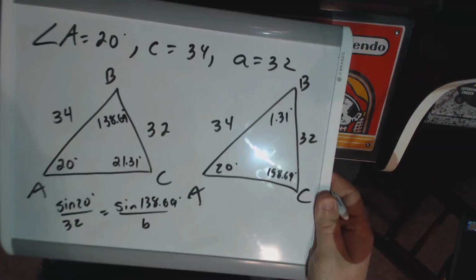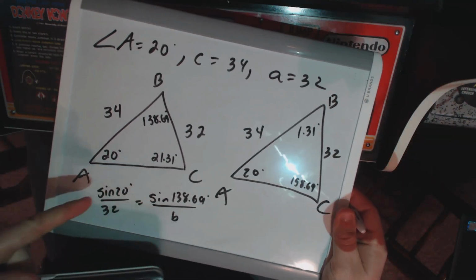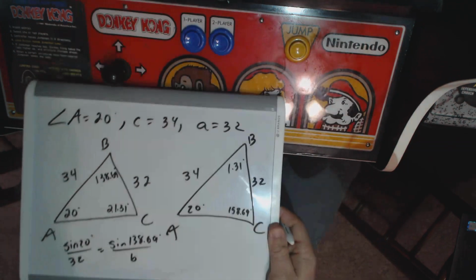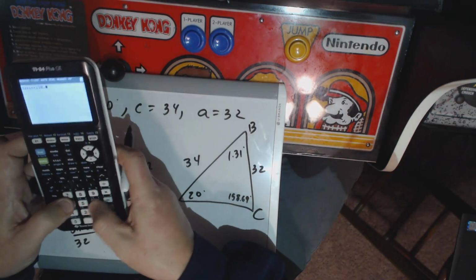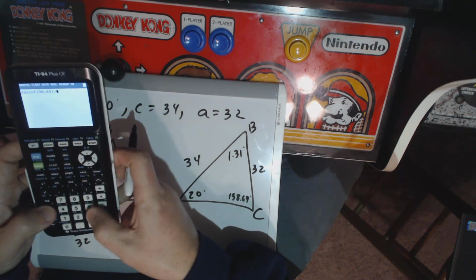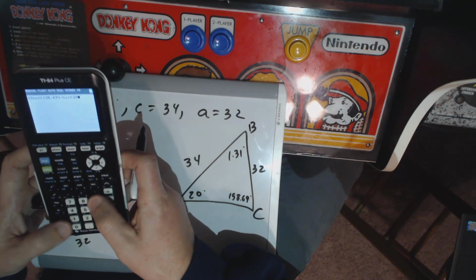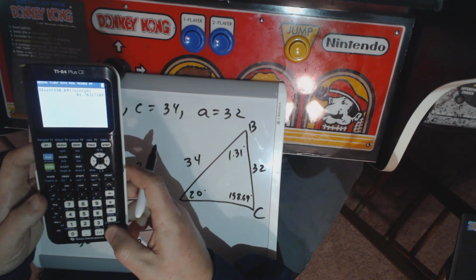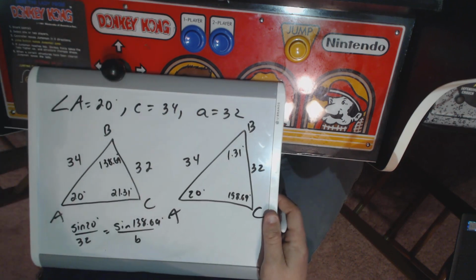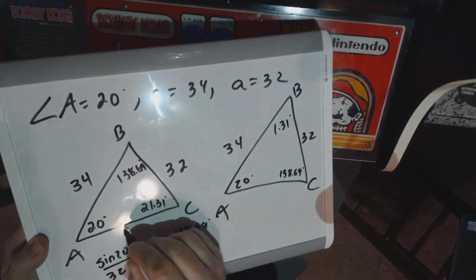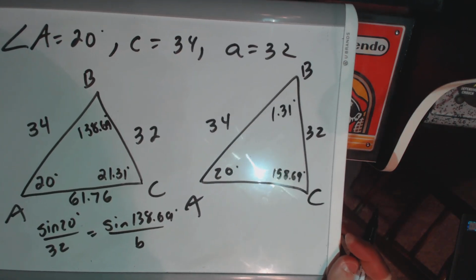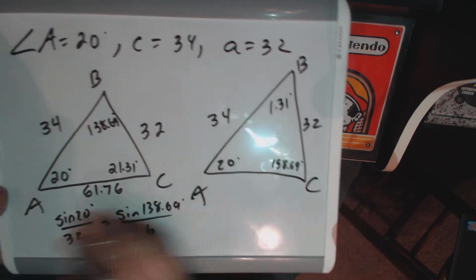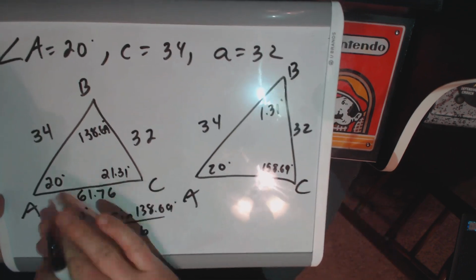Check it out, write that down. We say 32 times this divided by that, and we would have side B, right? So 32 sine 138.69 divided by sine 20. This is yesterday's stuff. Hit enter, and I'm getting 61.76. And that is one answer for side B.